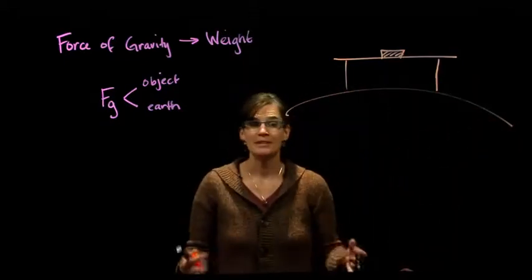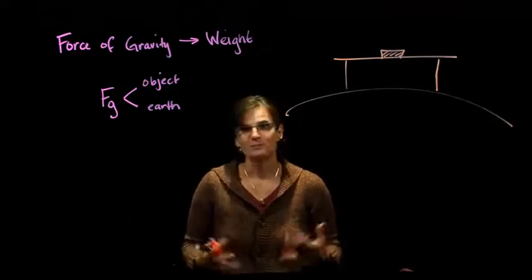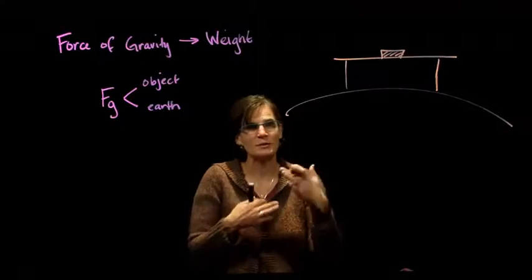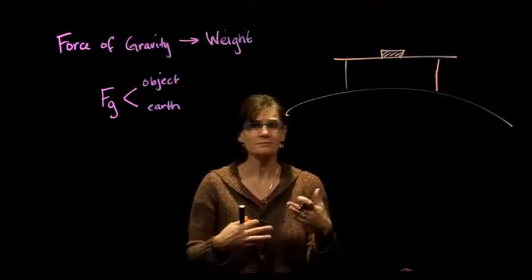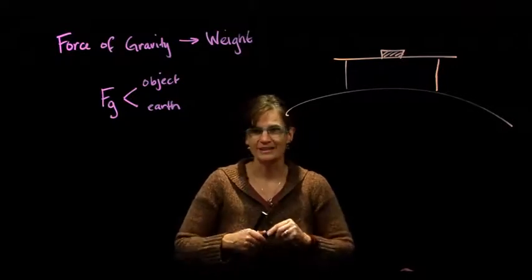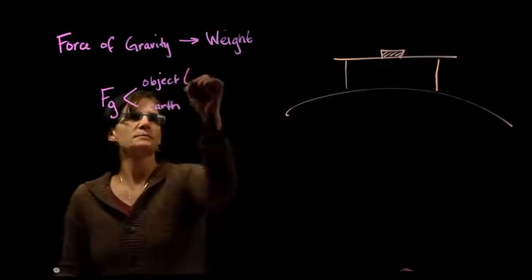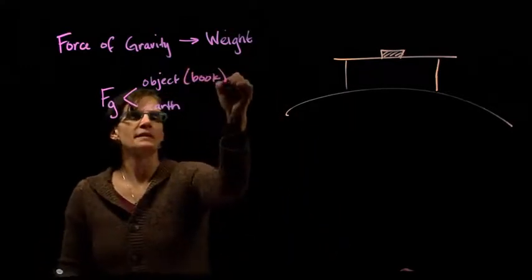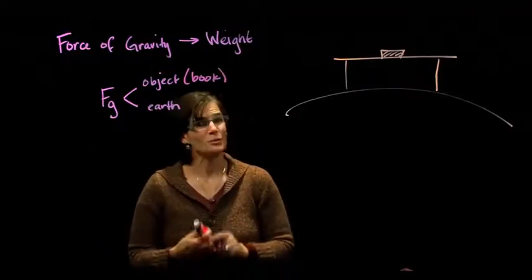And we know that the mass of the earth results in a gravitational force. We call it the force of gravity. So just because these two objects have a mass, they're interacting with each other through this gravitational force. We call this force of gravity the one that's between the object, in this case the book in our example, and the earth.